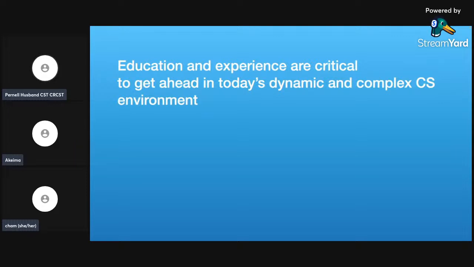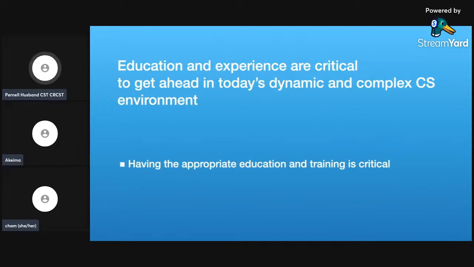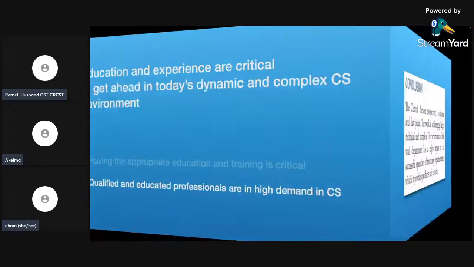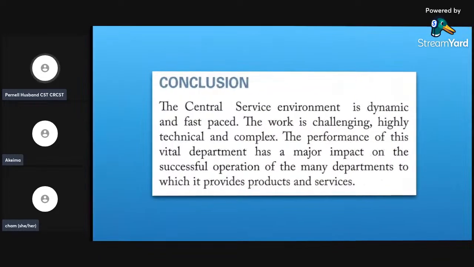Education and experience are critical to get ahead in today's dynamic and complex central service environment. Having the appropriate education and training, of course, is critically important. Qualified and educated professionals are in very high demand in the central service field.